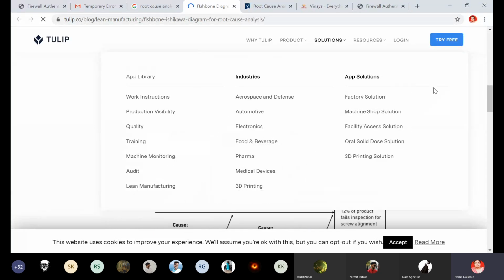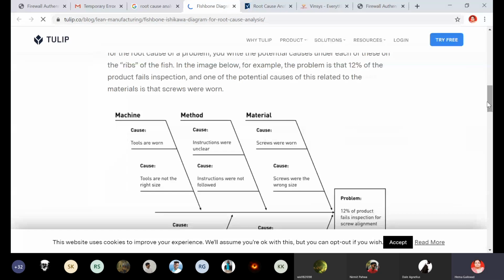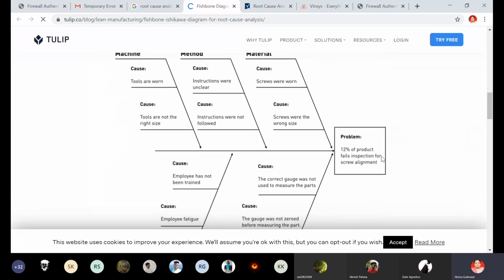Consider this example. We will discuss more in the next lecture also. In this particular example, they have considered the problem is 12% of the product fails inspection for screw alignment. This is the problem, and they identify the causes in each and every head.